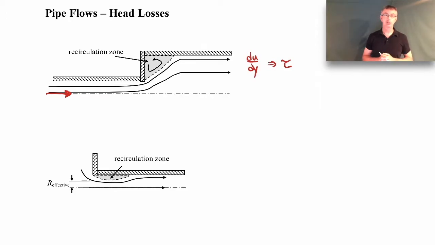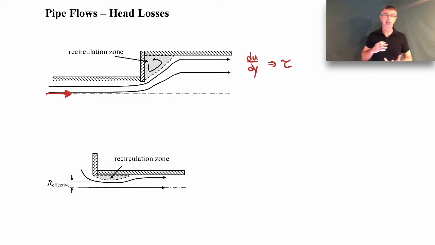And because you have large shear stresses, you're going to dissipate energy. And because you're dissipating energy, it means you have to push on the fluid to push it through that device, because we put some energy into it and then it's getting dissipated by this recirculation zone and viscosity.